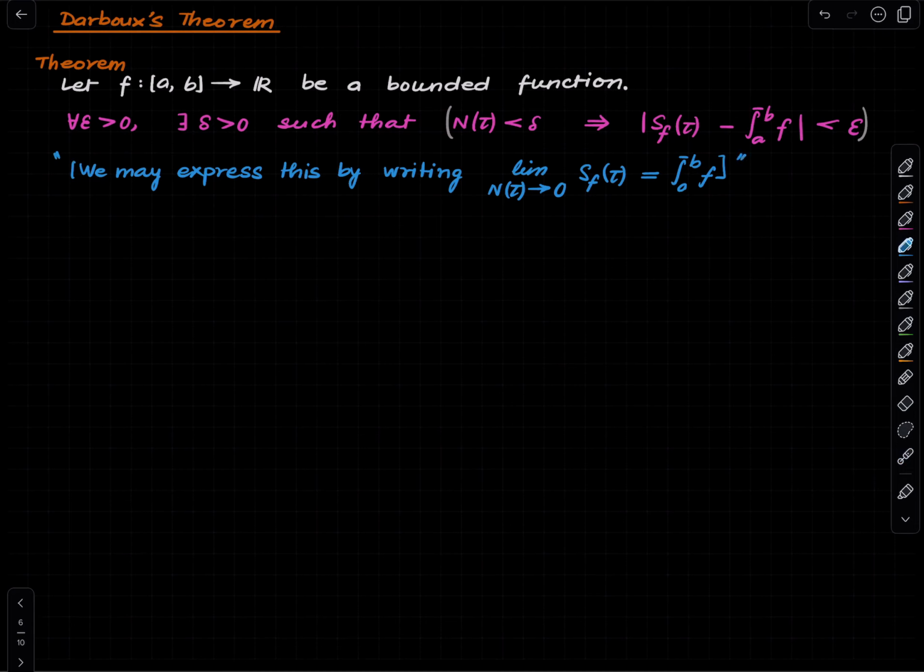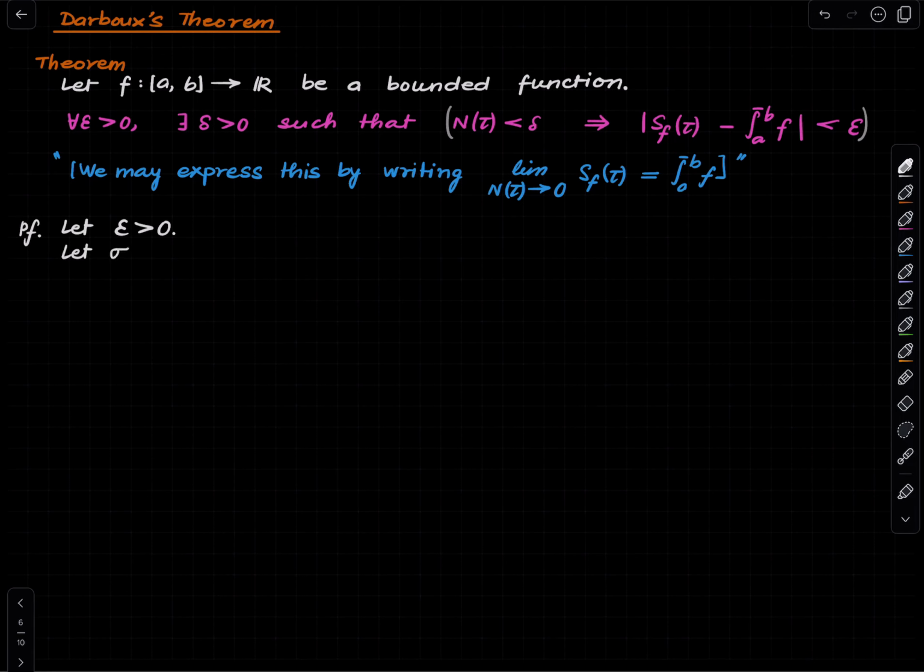Okay. So why is this theorem true? Very simple. The proof is very, very simple. Fix an epsilon greater than 0, we need to produce a delta. Once we have an epsilon, we can find a subdivision. Let's call this subdivision sigma.